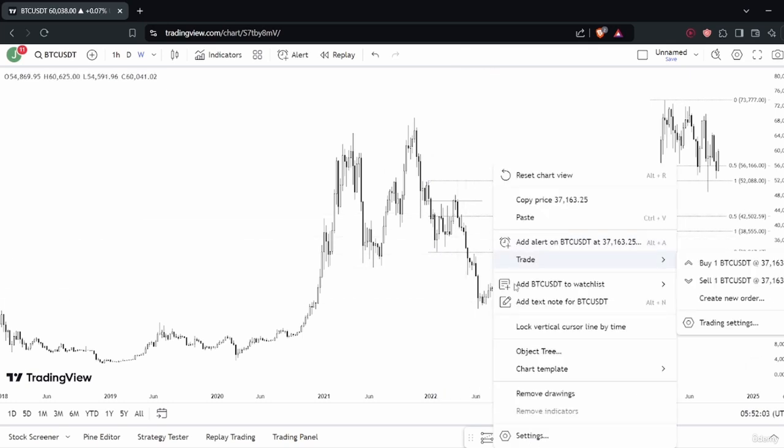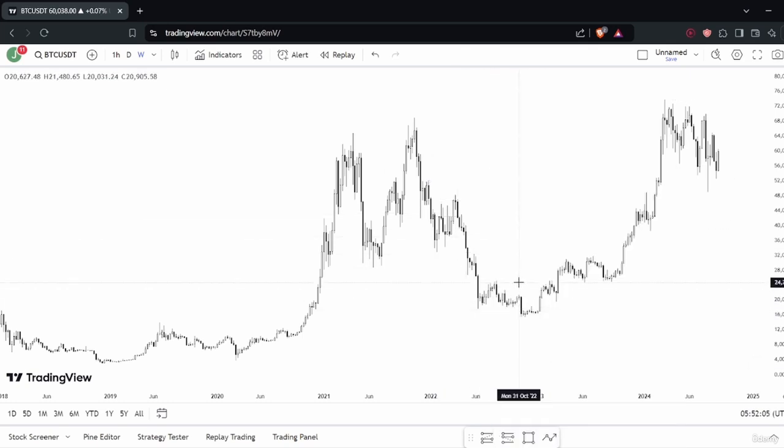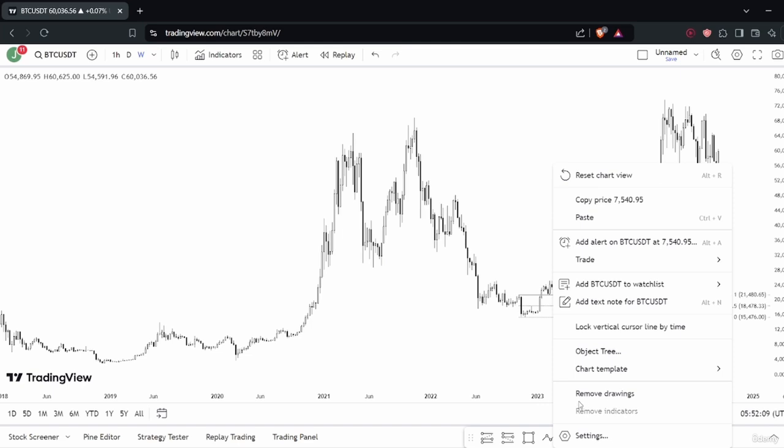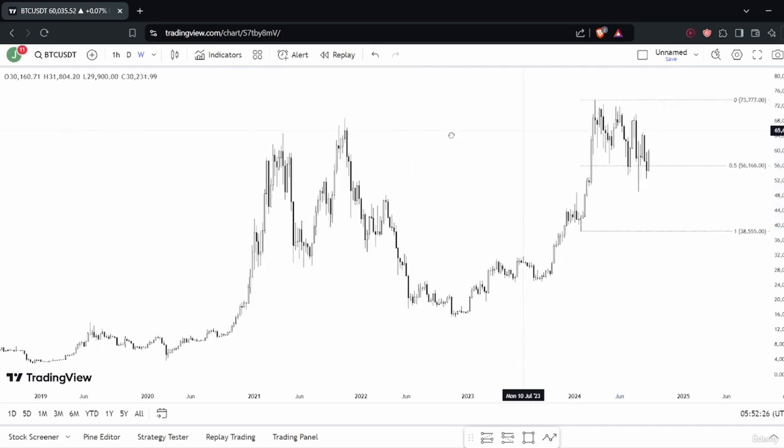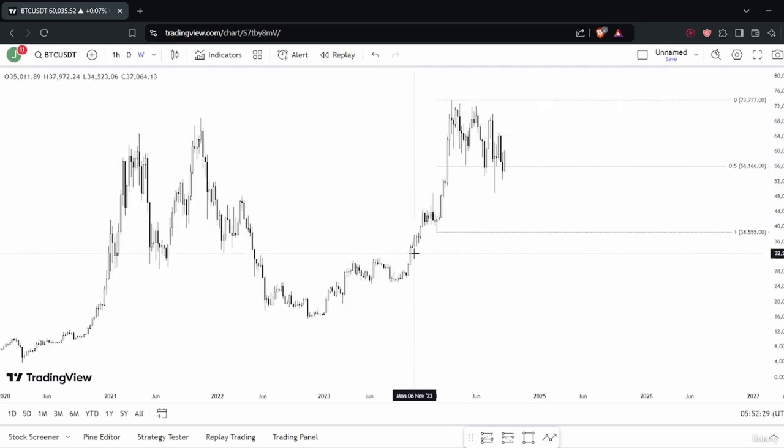We break the structure on the weekly, and then what do we do? We go lower into discount, then higher. Same thing here, discount, higher. Then we're in a ranging market, then we go higher, and now we're right here in this structure.